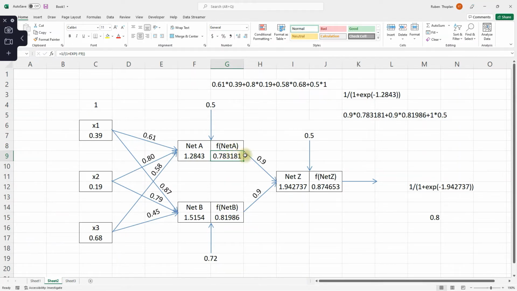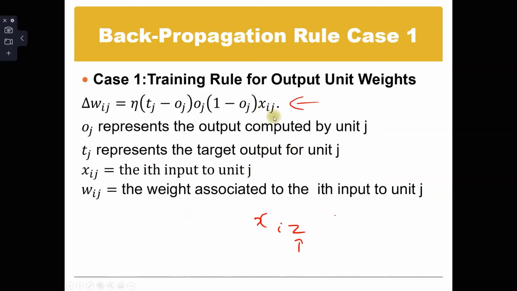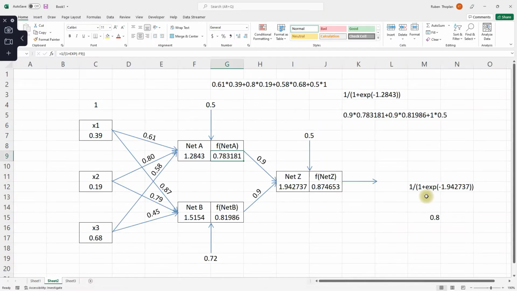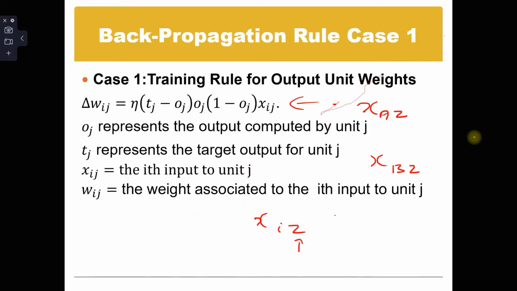This is the xaz value. Then you have another input node, xbz. Xbz represents the input from node B to node Z, which is the output that you obtain at B, which is 0.819. So you would finally get xbz easily.